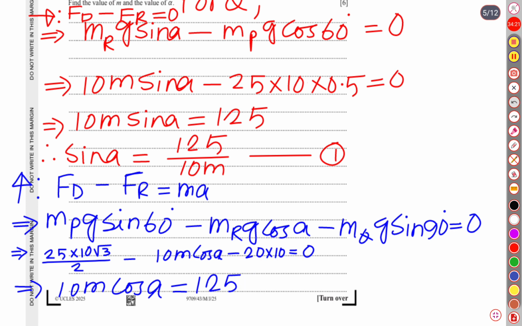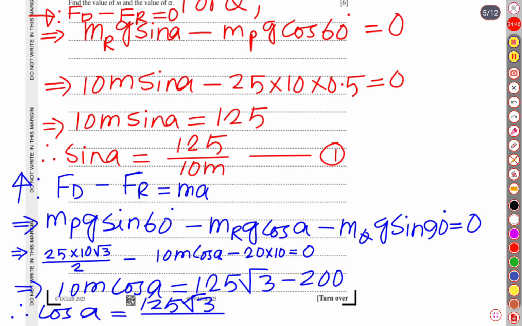So 10m cos alpha is equal to 125 root 3 minus 200. Now if we isolate cos alpha, cos alpha is equal to the numerator 125 root 3 minus 200, divided by 10m. So this is our equation number 2.